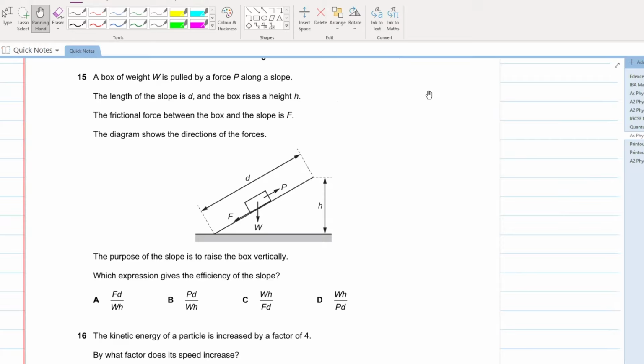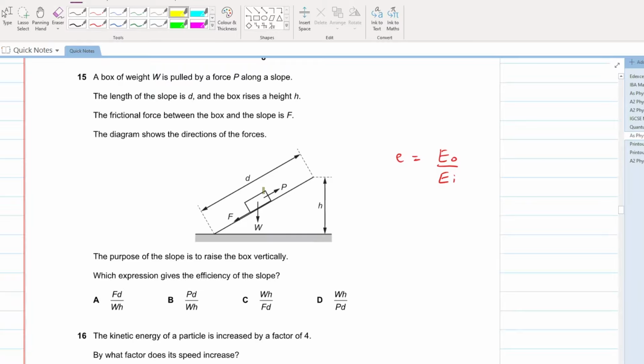Which expression gives the efficiency of the slope? Okay, we have to calculate the efficiency of the slope. How can we do that? What is efficiency equal to? Efficiency is equal to energy output divided by the energy input.